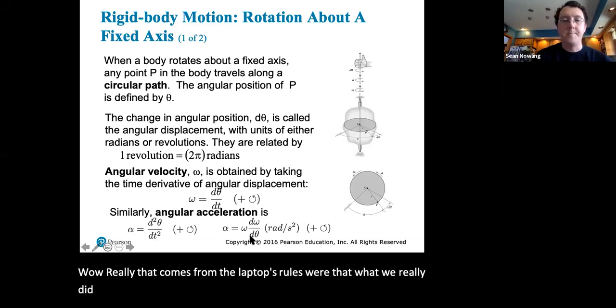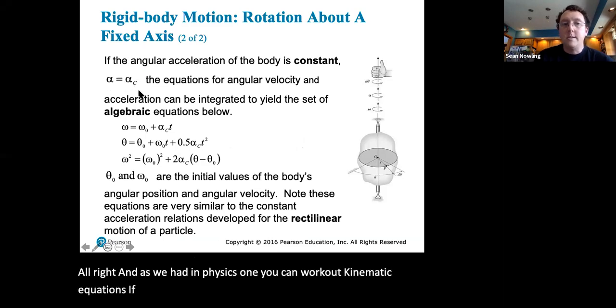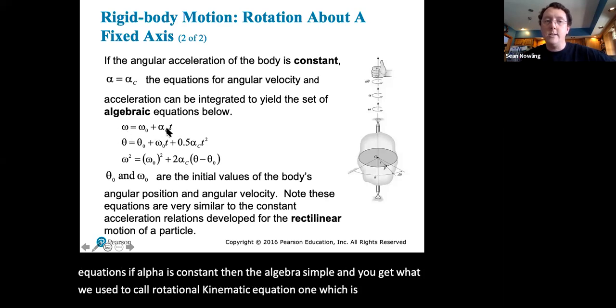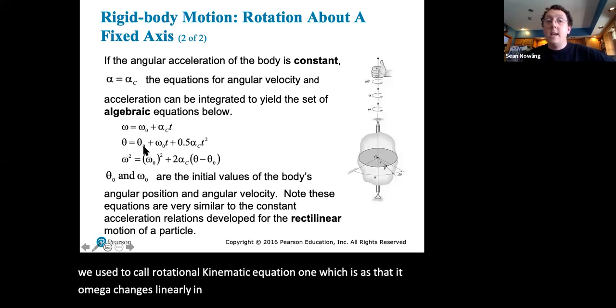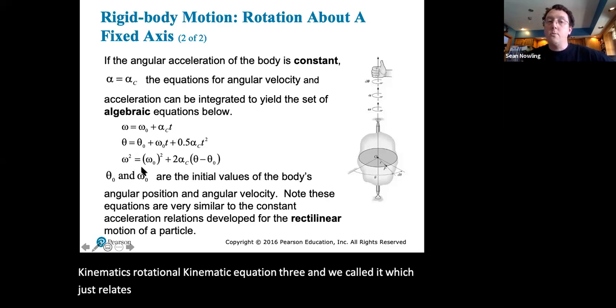As we had in physics 1, you can work out kinematic equations. If alpha is constant, then the algebra is simple, and you get what we used to call rotational kinematic equation 1, which says that omega changes linearly in time. The change in theta varies quadratically in time, and rotational kinematic equation 3 relates the angular velocity squared to alpha and the change in theta.